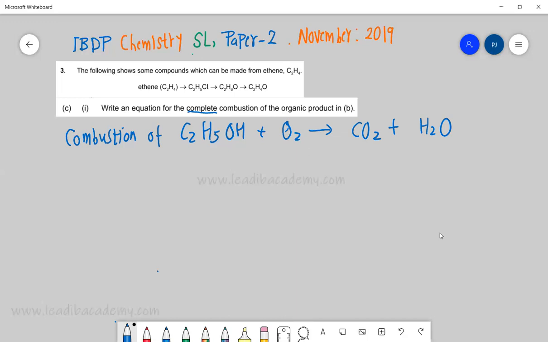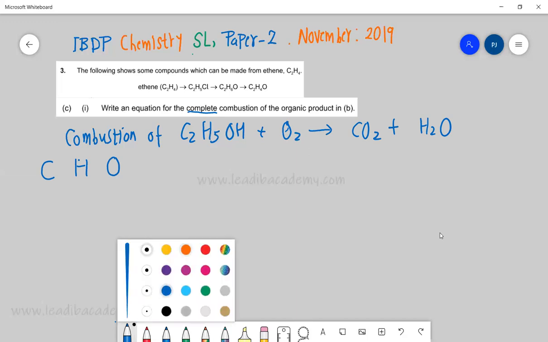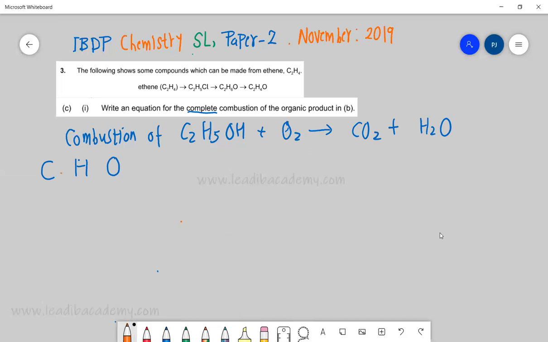First write down this compound, alcohol. It would always be C, H, and O, and let me write its coefficients, those are X, Y, and Z.